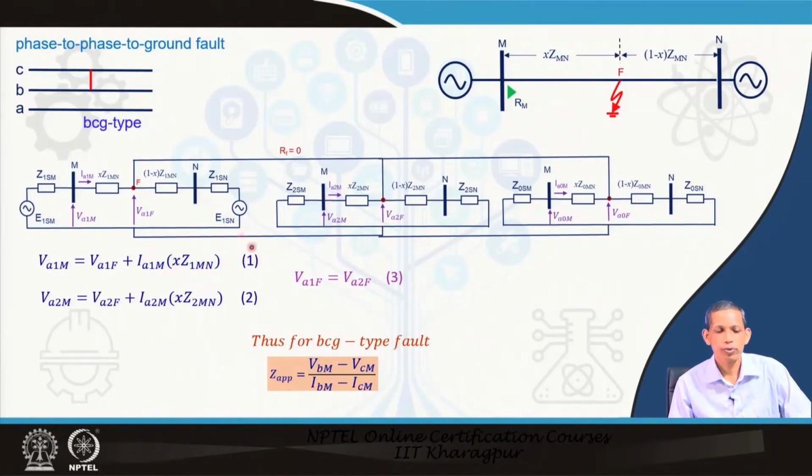Therefore, you can conclude that for BCG type fault also the final relation for the apparent impedance will be V B M minus V C M divided by I B M minus I C M. That means the fault types BC and BCG have the same apparent impedance relation of V B minus V C upon I B minus I C, and similarly you can conclude for CAG fault or ABG fault for the apparent impedance calculation.